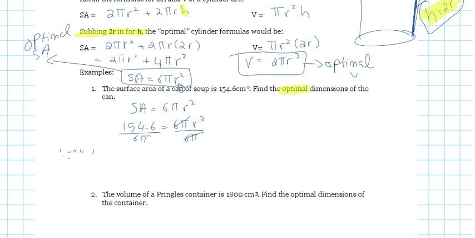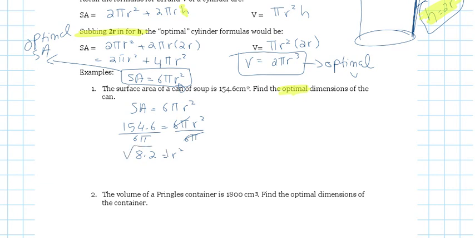And the answer is 8.2. How do you find the radius now? Square root. So the radius is 2.9.